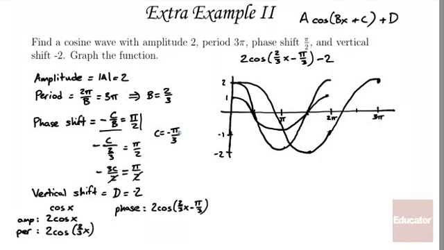The c value is negative pi over 3, but the phase shift is pi over 2. So I'm going to take this graph and I'm going to move it over pi over 2 units to the right. So it looks like it's getting a little complicated now. I'm going to switch into red here. So we're going to graph the phase shift in red. So that means instead of starting at 0, I'm going to start at pi over 2. It's going to bottom out at 2 pi, and it's going to come back up at 3 pi plus pi over 2.